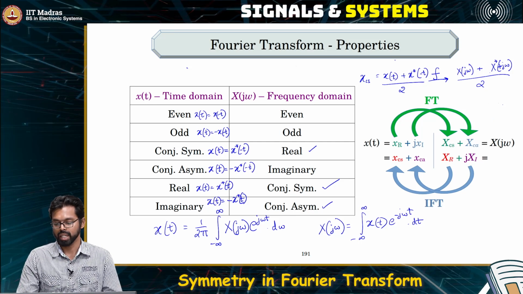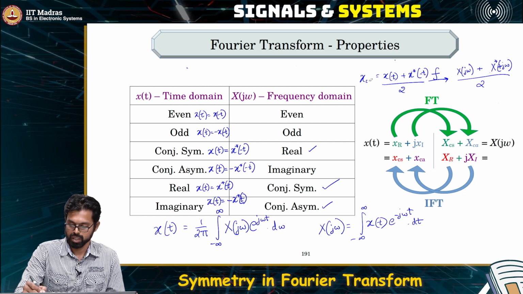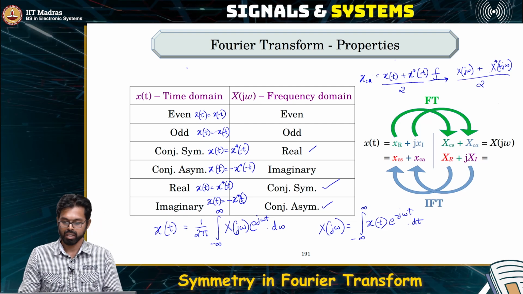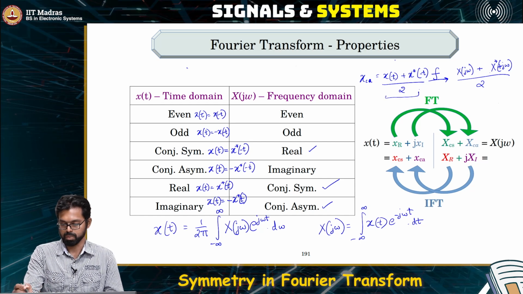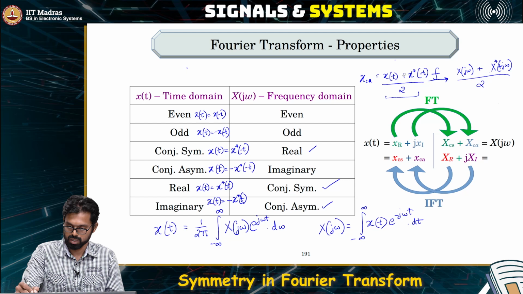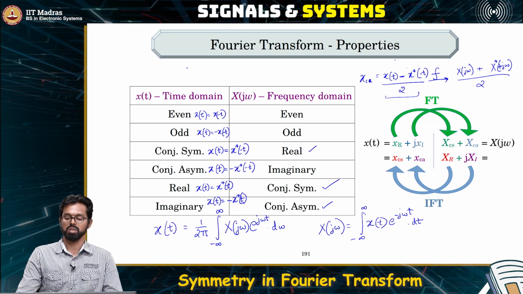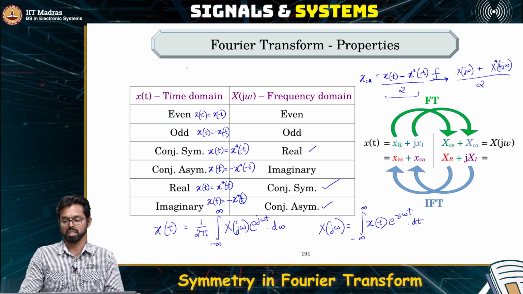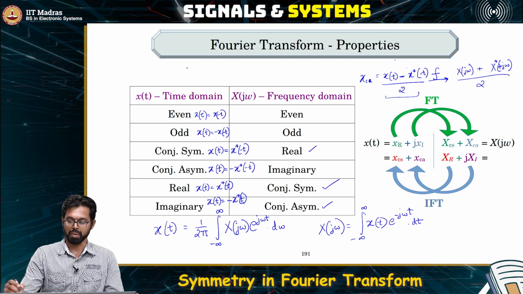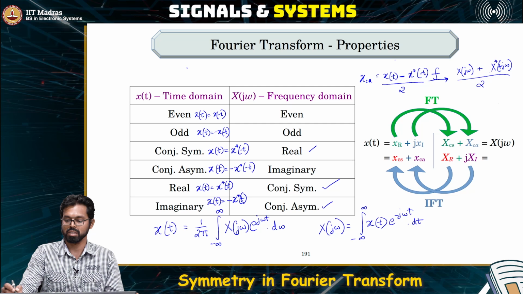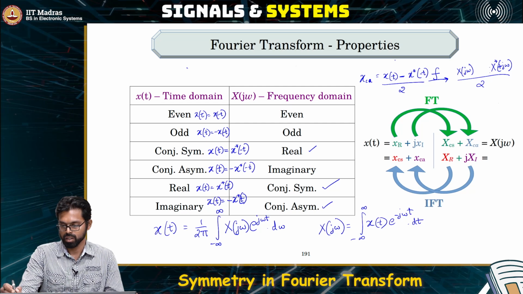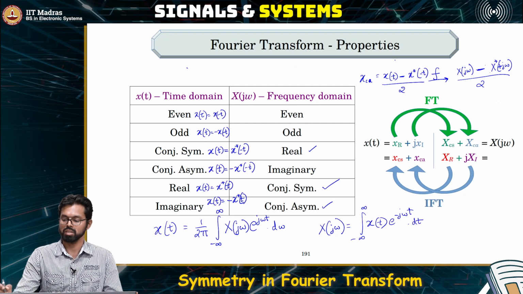Now for the conjugate asymmetric part, let us say that we are trying to find the conjugate asymmetric part of x, that is given by this expression, just a change in sign here. So x of t minus x star of minus t, that gives the conjugate asymmetric part. Now let's take the Fourier transform. The first term gives X of j omega as such. Now the second term, here there is a minus, that's the only difference.